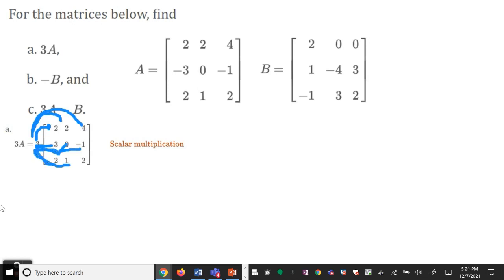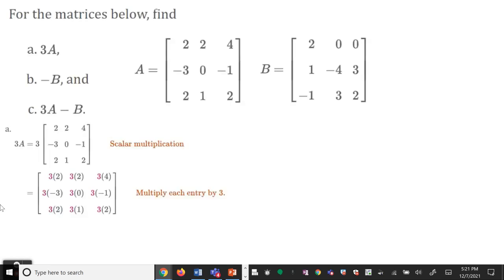Okay. And so once we do that, then our solution is going to be, I guess I had the 3 there. So multiply 3 by everything, and we end up with 6, 6, 12, negative 9, 0, negative 3, 6, 3, and 6. Okay, so that's going to be our answer.